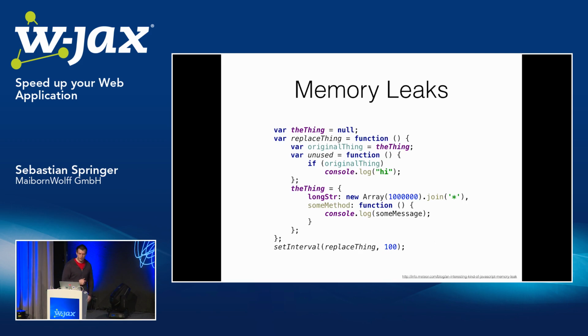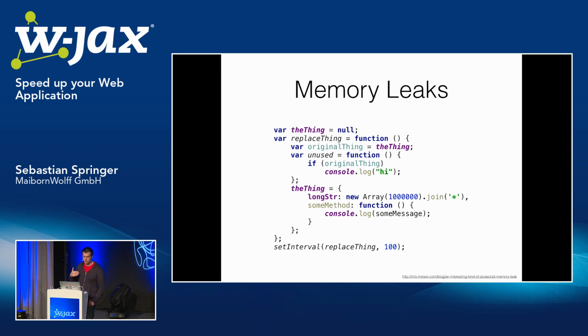A very good example of a very nice memory leak is this one here. You have an outer and an inner function and an interval, and you always reference some variables that are not freed. And the result is, you create an array with 10 million, I think, items, and join them by a star, which leads to a very long string.